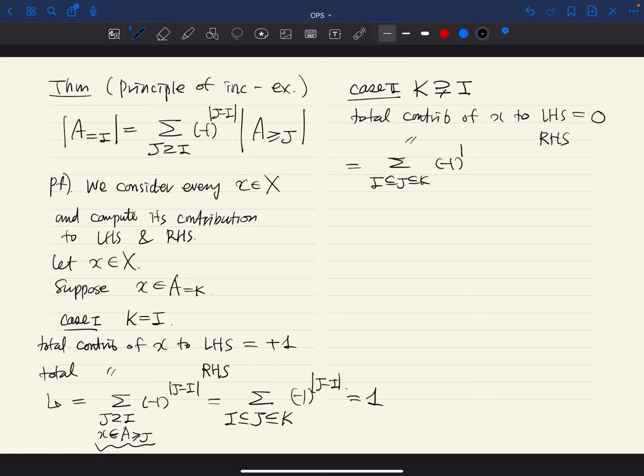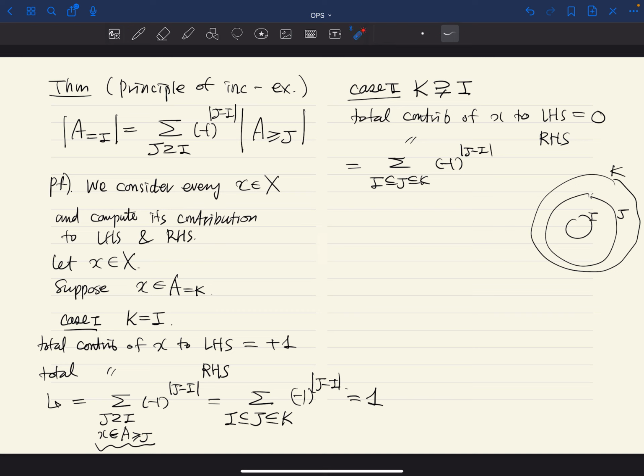This is the same, right? But imagine a Venn diagram. Think about the Venn diagram: I, J, K, something like that. I and K are fixed. So we only need to look at things that are outside I and inside K, because these things here are already fixed.